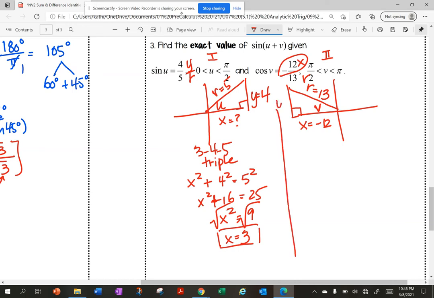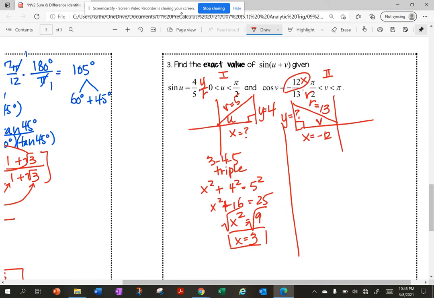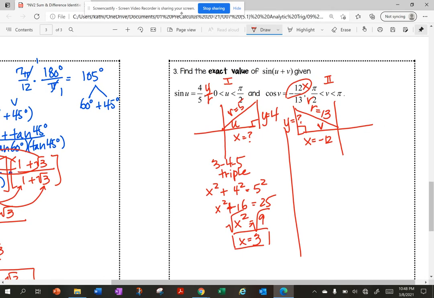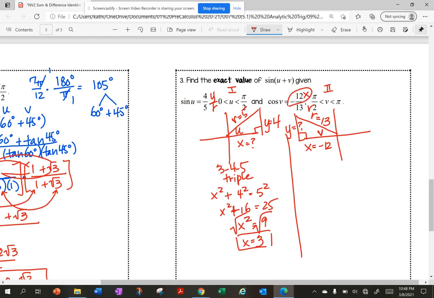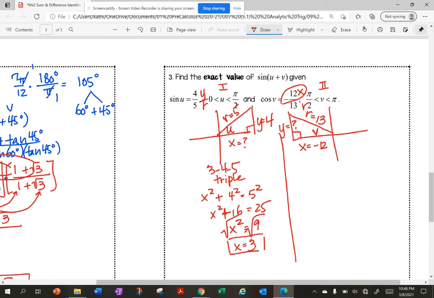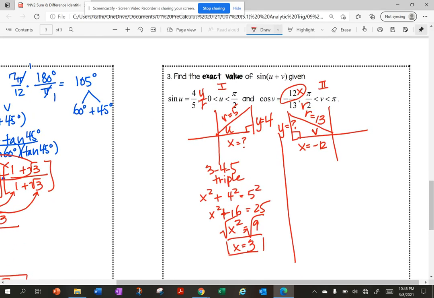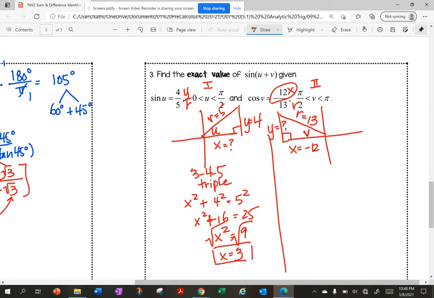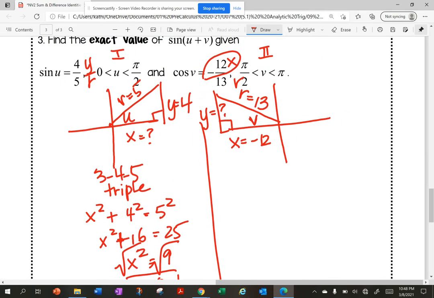Now I'm solving for y in this equation, and I should recognize this is a 5, 12, 13 triple. But if I did not recognize it, then I need to do the math.